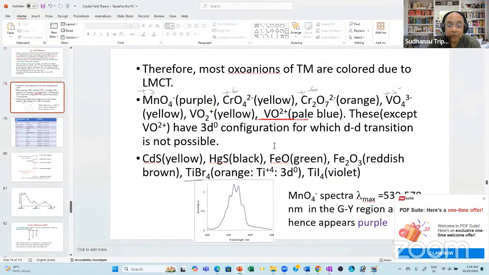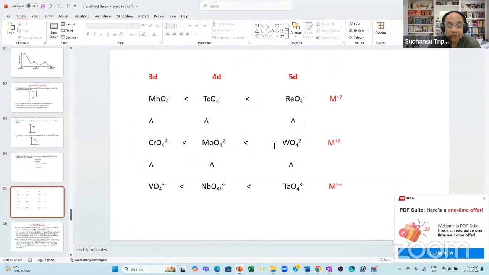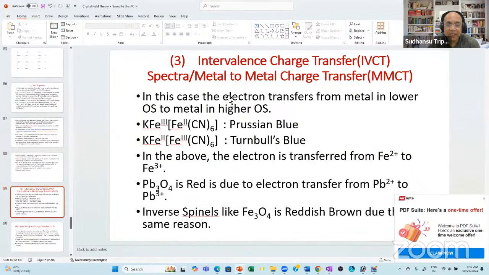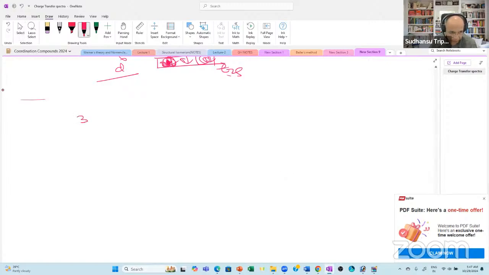You see, I have given one example here. Then intervalence, that also we must write down a little bit. A third category, MMCT, or intervalence charge transfer.